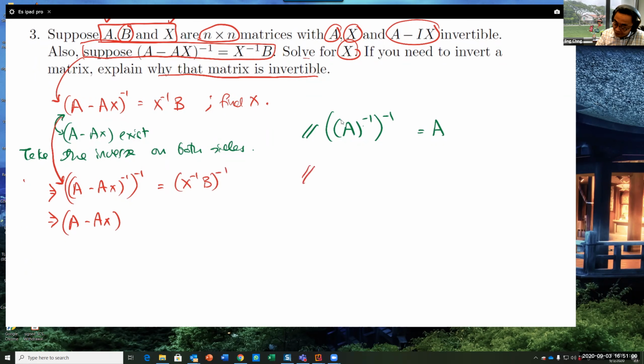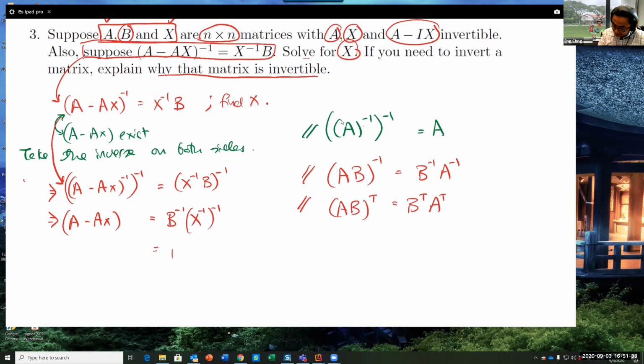Now, the other trick that you need to learn is, if I have matrices A and B, and I take the inverse of AB, then this is B minus 1, A minus 1. Here we didn't prove it, let's say we are going to use this result. This is very similar to the transpose of AB being B transpose, A transpose. So I'm just going to use the result. The right-hand side becomes B minus 1, X minus 1, minus 1, which is B minus 1 X.